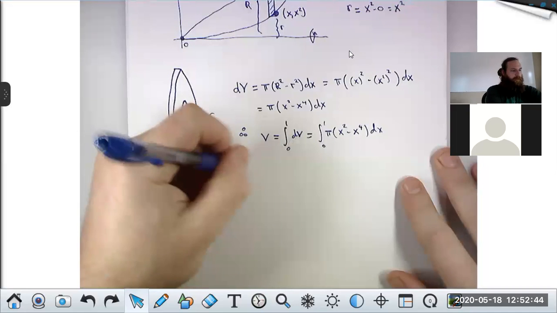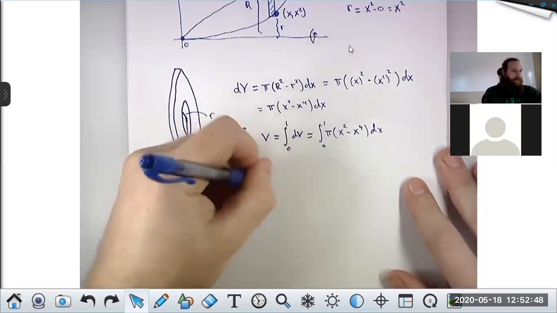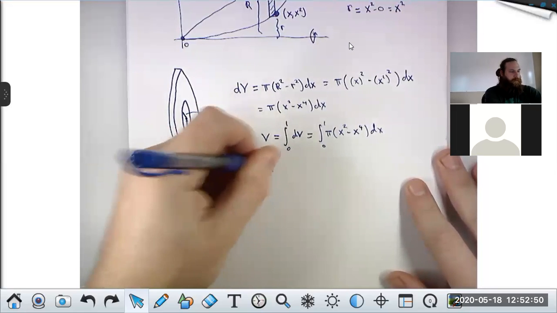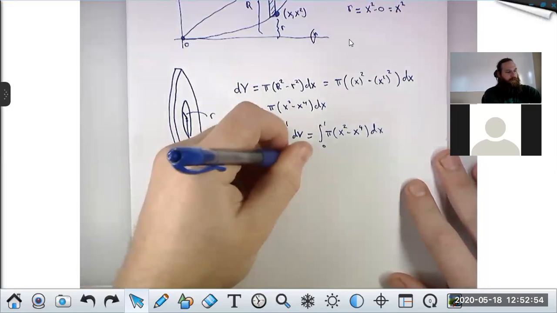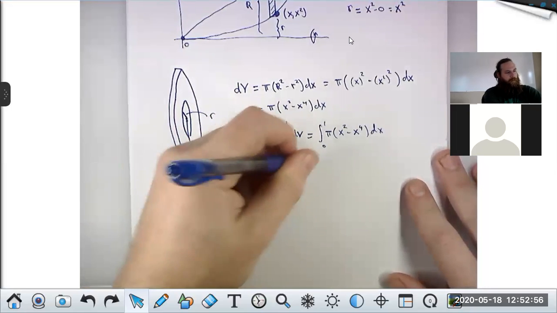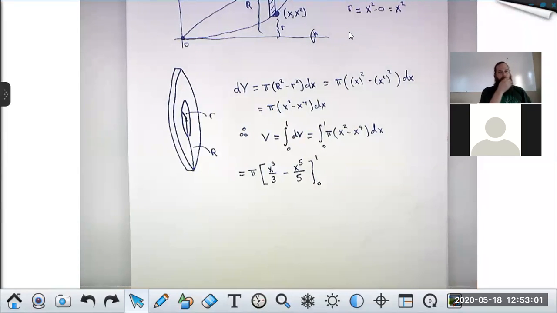The pi pops out. Then x squared integrates to x cubed over 3, minus x to the 4 integrates to x to the 5 over 5. And this needs to be evaluated from 0 to 1. At 0, both of those terms are 0.